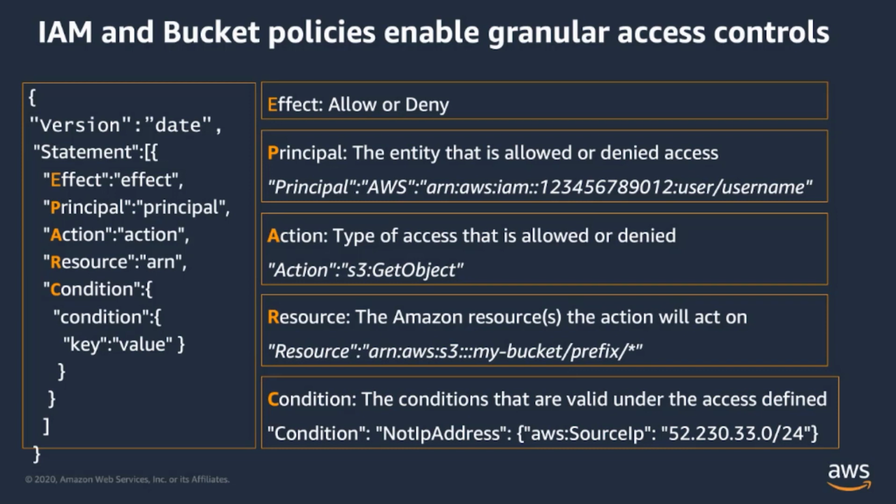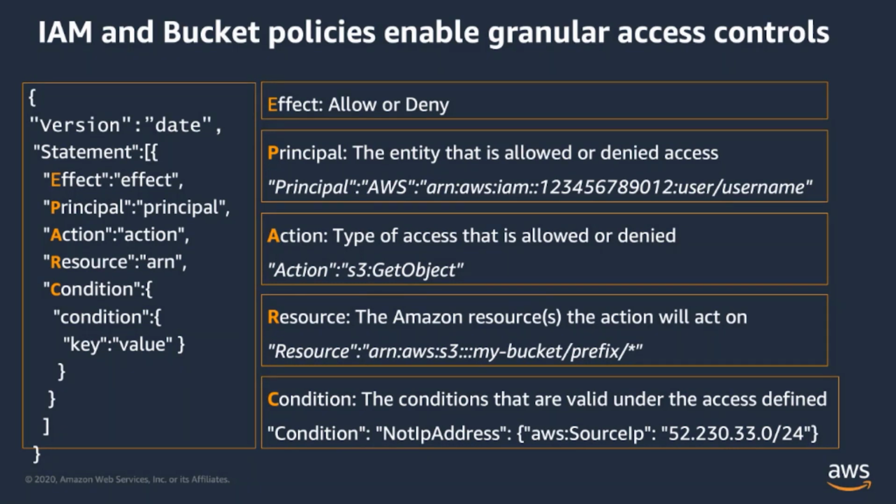I love conditions. Conditions allow you to take the context of the request and then make decisions about that. The context of the request is various elements of the request, including the IP address that the request is coming from, the principal that the request is coming from, the type of request, the options within that request. For instance, are you asking for encryption to be done?